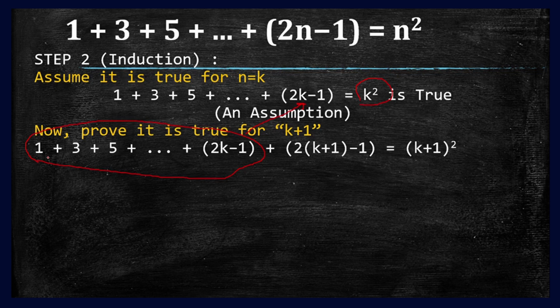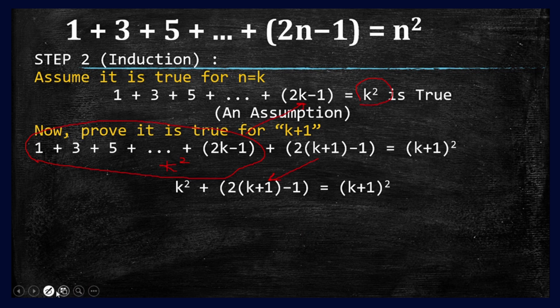The sequence is removed and replaced by k squared, because that is according to our assumption. So, replacing that sequence with k squared, we'll have k squared plus, we retain our last term, which is 2 times k plus 1 minus 1, equal to k plus 1 squared. So nothing changed in the right side of our equation.